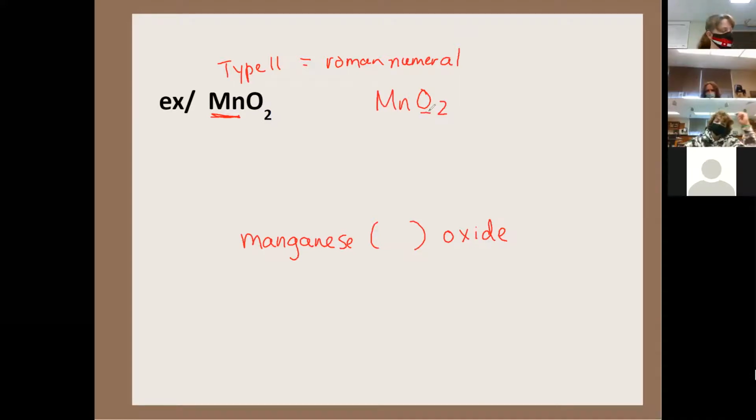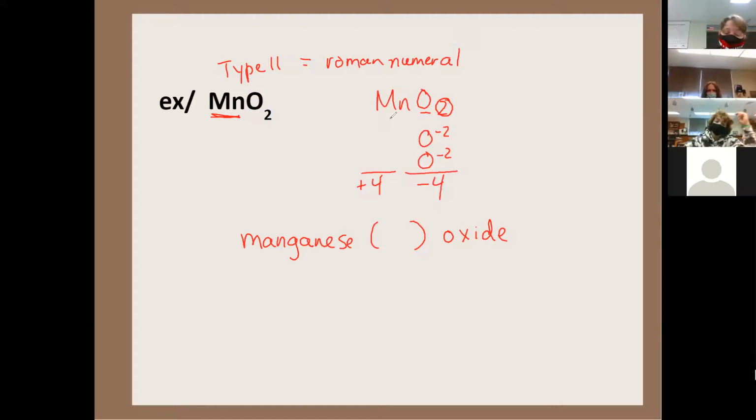So you would go to your periodic table, you would find oxygen, and on your colored periodic table, you would see that that has a -2 charge. So I'm going to rewrite O -2 here. And this subscript tells me that we have 2 of those in the compound. That means we have a total -4 charge, which means that we have to have a total of +4 in that entire compound to balance that out.